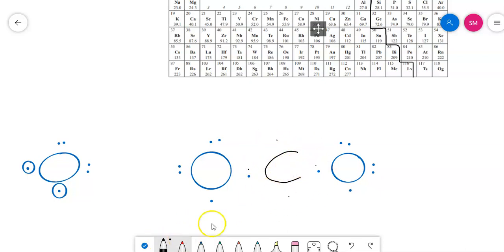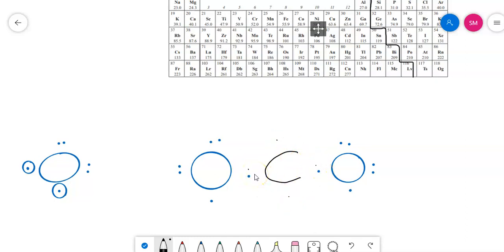But the same rule still applies. So we still need 8 electrons for each of these atoms. So each atom needs to have 8 electrons in its outer shell, needs to fill up its outer shell, even though some of the electrons will be shared. So for the carbon at the moment, it has got 1, 2, 3, 4, 5, 6.